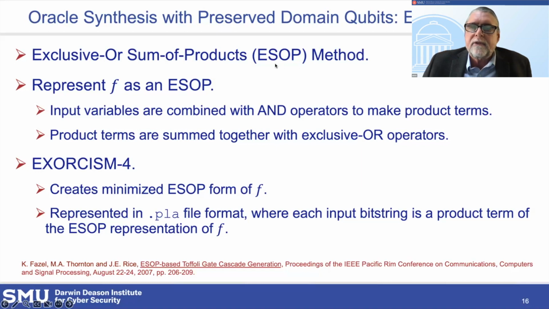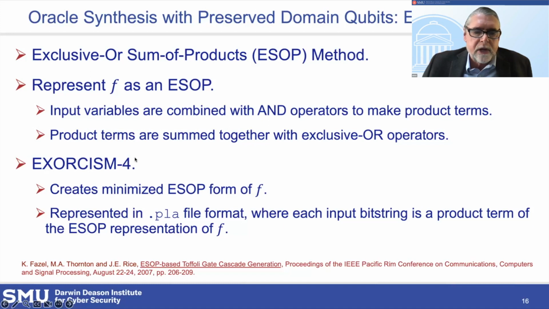The exclusive OR is addition modulo 2 rather than the inclusive OR. There's a variety of algorithms that have been developed to convert SOP to ESOP, one of which is Exorcism 4 that was written by my colleague Alan Mishchenko at Berkeley. But you could use any method you wish to do that.